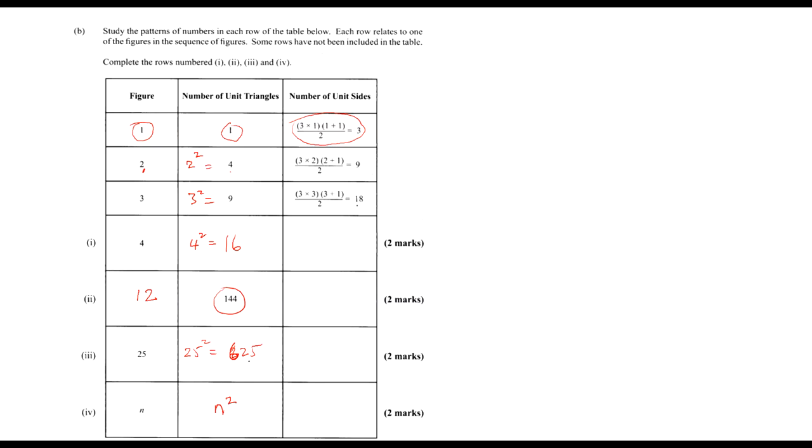Now for the number of unit sides, we have to try to recognize a pattern using this piece of information they gave us here. Look at this one, this one, and this one. Don't look at the final answer, don't look at 3, 9, or 18 as yet. But if you look at what they are doing in the brackets, you notice what is changing as we move from one to the next.